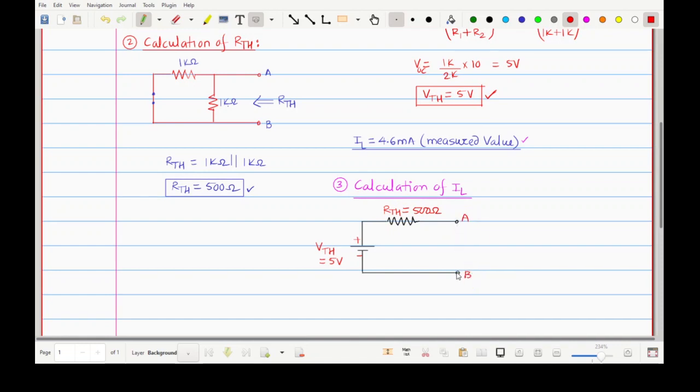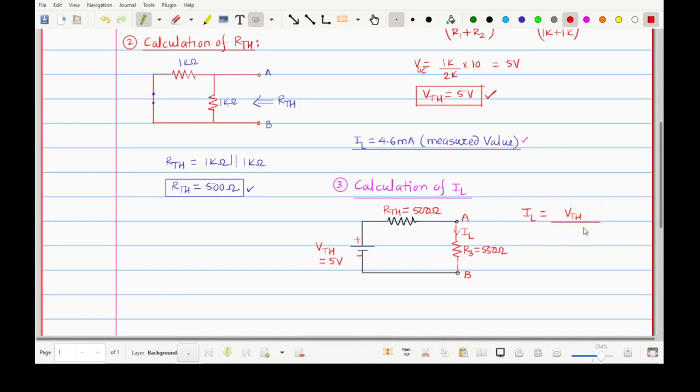In between, we will reconnect the load resistance. So now we have connected the load resistance. Our load resistance was 550 ohm, and our aim is to measure the current flowing through this load resistance. That was IL. Now we will write the formula for IL. According to Ohm's law, I is equal to V by R. What is the voltage present in your circuit?